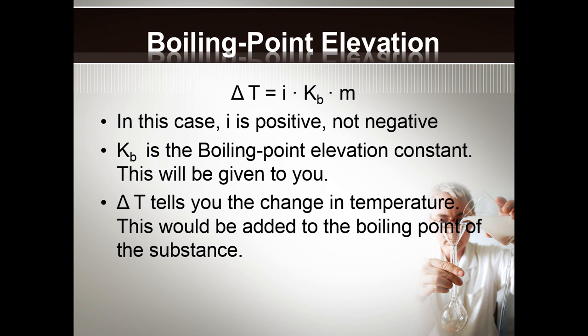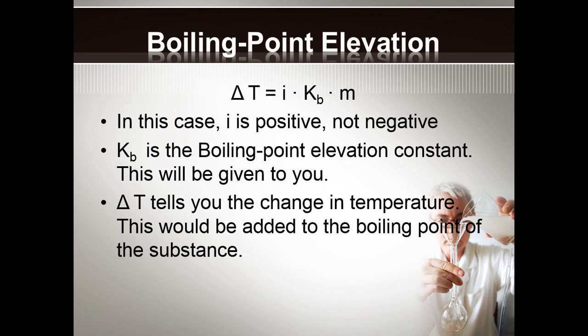Kb is the boiling point elevation constant. This will also be given to you. And then delta T tells you the change in the temperature, so this would be added to the boiling point of the substance. So if you end up with a delta T of 5.4, that's not your final answer, okay?